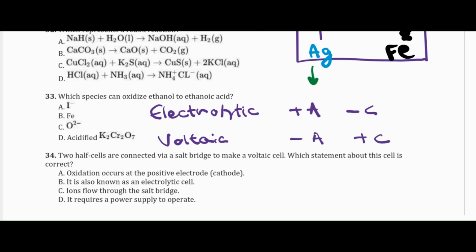In an electrolytic cell, you have a positive anode and a negative cathode. You might have learned at GCSE PANIC, positive anode, negative cathode. With the voltaic, it will basically be reverse PANIC, negative anode, positive cathode.